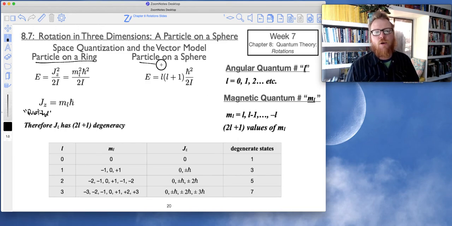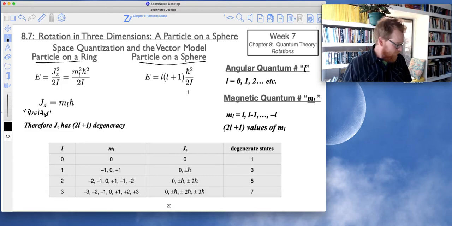So when we did particle on a sphere, we got that the energy solution is L times L plus 1 times h bar squared over 2I, all right? And so what's pretty cool is that now we have ways of connecting the projected z length and the total magnitude, okay?